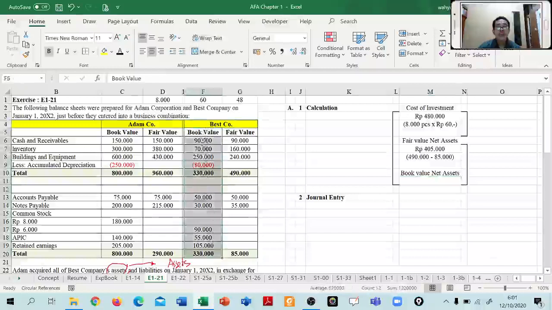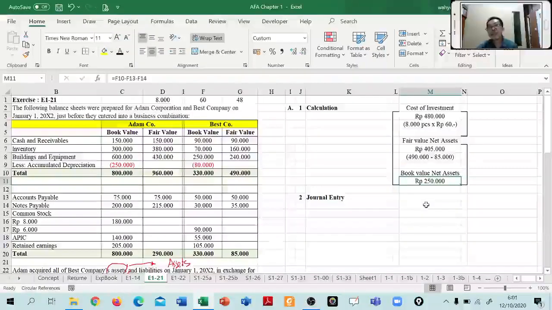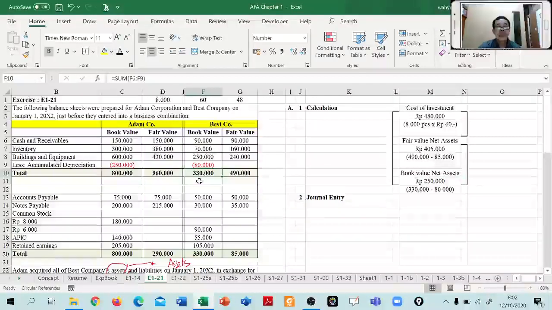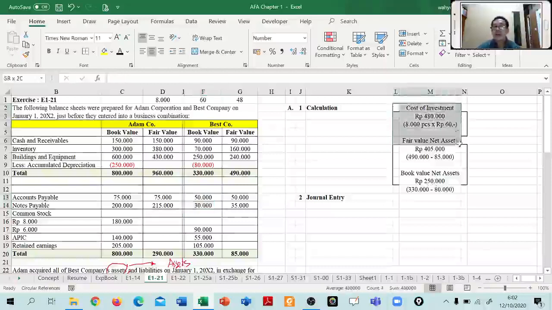Okay, book value of net asset is 250,000. It comes from total asset, 330,000, minus account payable and notes payable. So we get 250,000.